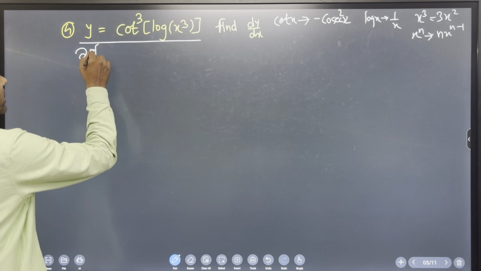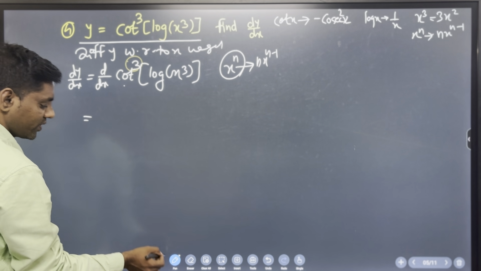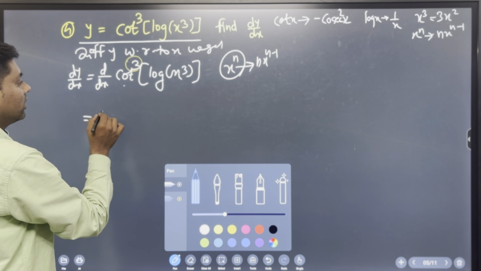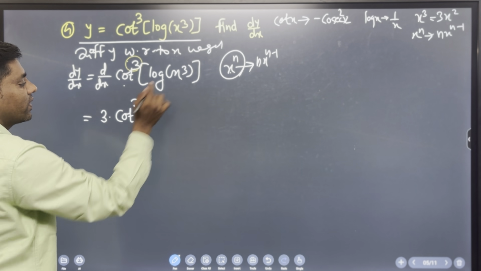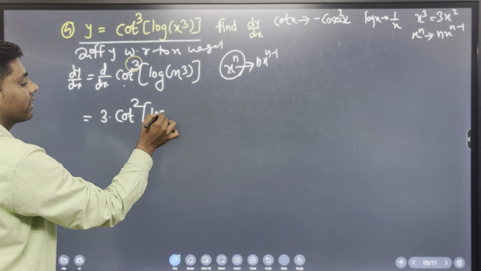So first we have to use the function raised to constant formula. The function is cot and 3 is the constant. So by using the first formula, n into x raised to n minus 1, after that taking the derivative of the main function. Now 3 is the constant term. So first we solve: 3 into cot square by using this formula, and write down the angle as it is.